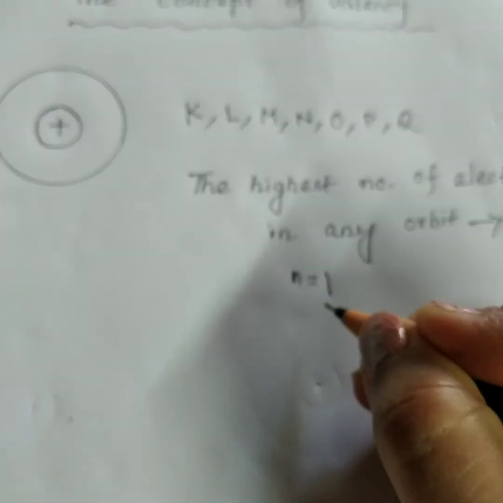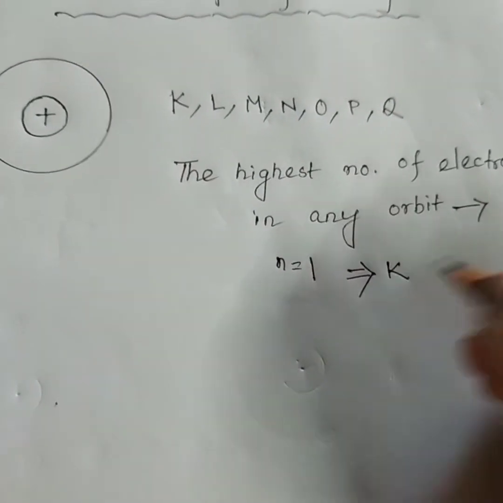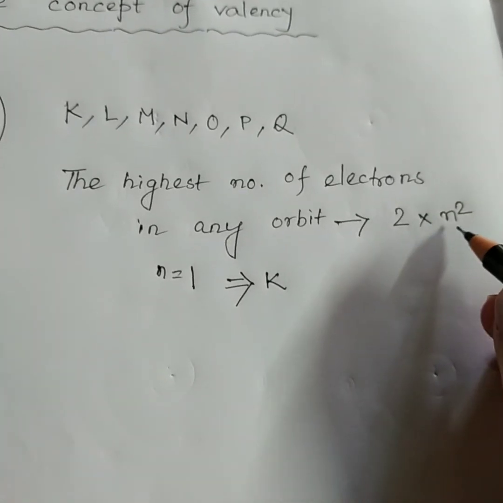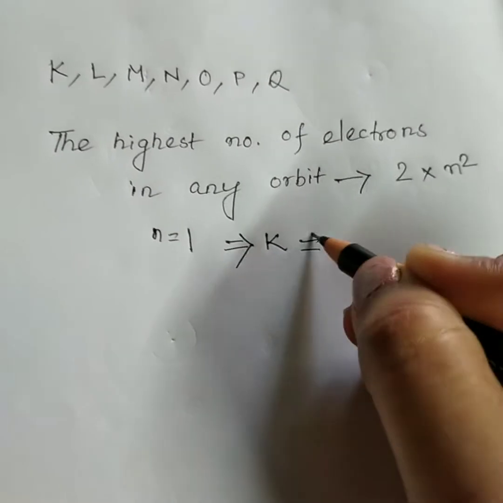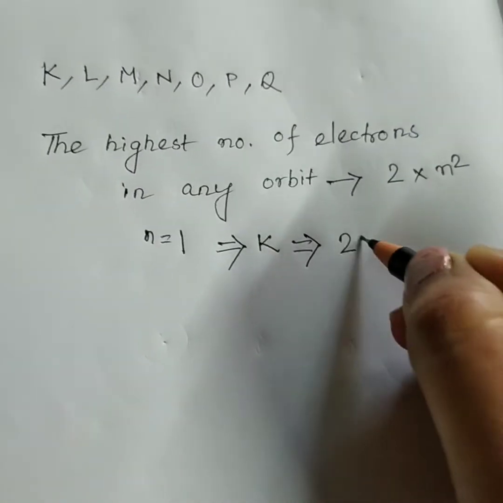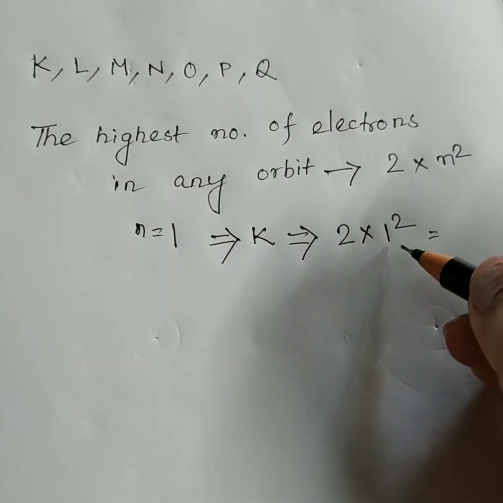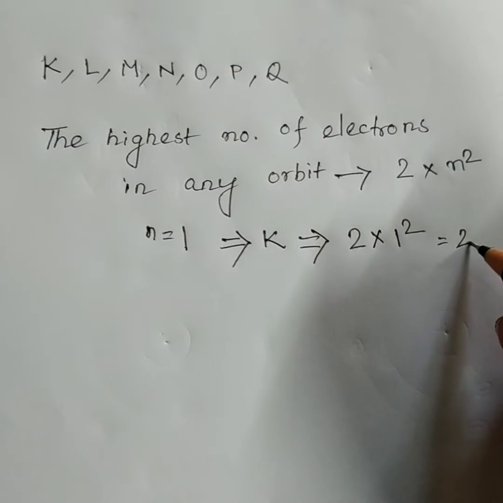When n is equal to 1, we denote the shell by K. So the maximum number of electrons in the K shell will be 2 into 1 square. That is, 1 square means 1 and 2 into 1 means 2. Okay?